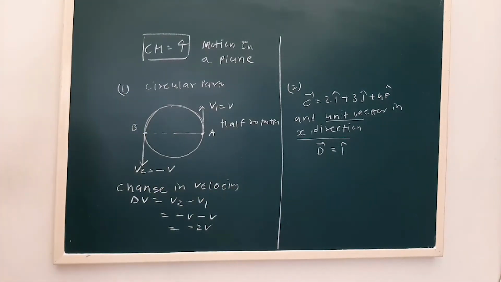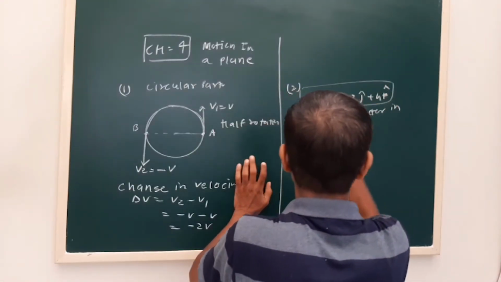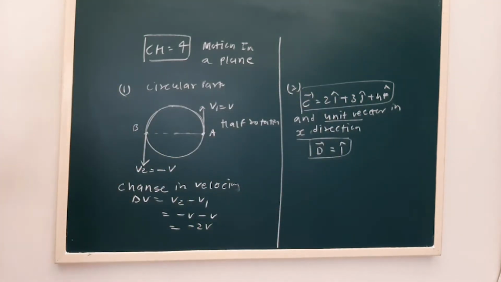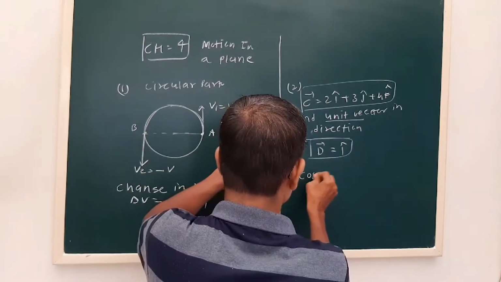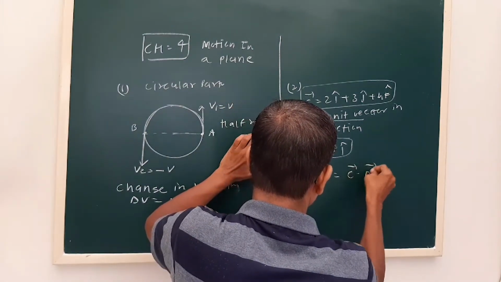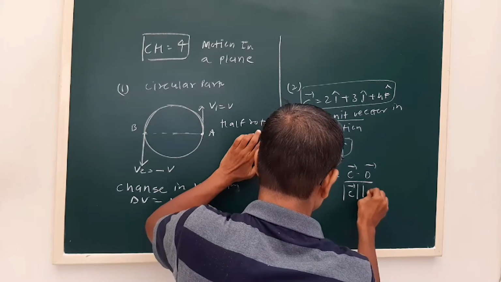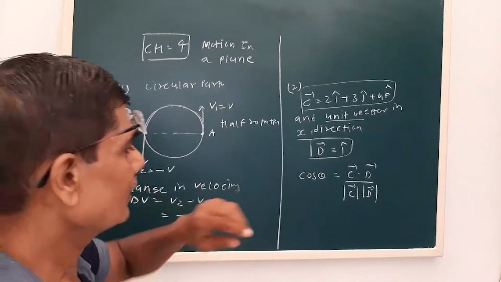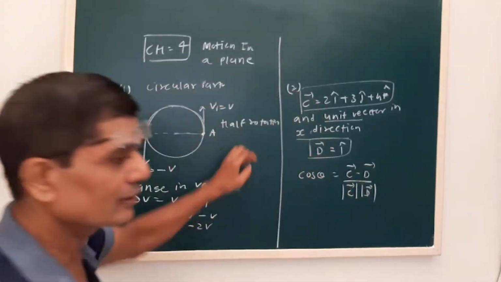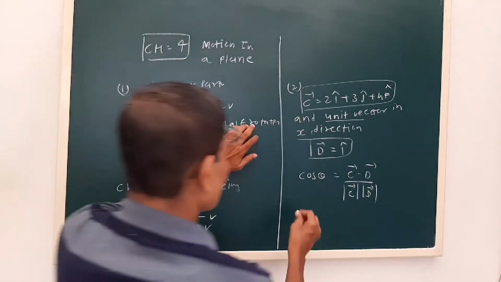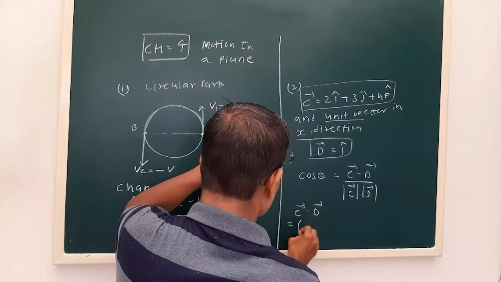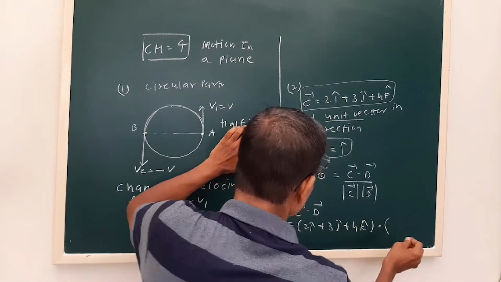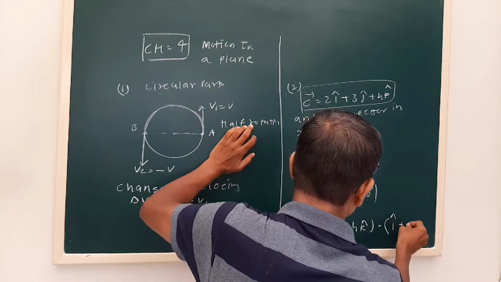Now here we have got two vectors, one is C and the second is D. We have to find out the angle between them. Our formula: cos theta is C dot D upon magnitude of C into magnitude of D. First we find the scalar product C dot D, which is (2i plus 3j plus 4k) dot (i caret plus 0j caret).